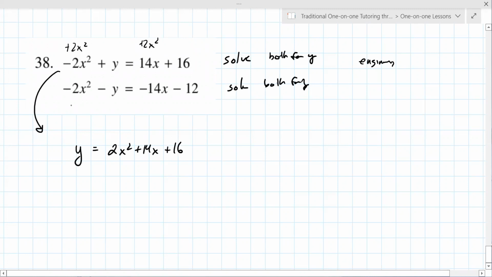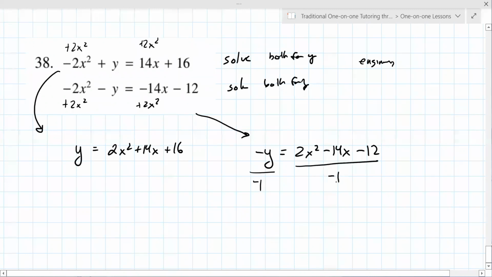In the second equation, we're going to add 2x squared to both sides, but it becomes minus y equals 2x squared minus 14x minus 12. But we have to solve it for y, not negative y, so you want to change the sign of each of these. So it becomes y equals minus 2x squared plus 14x plus 12.